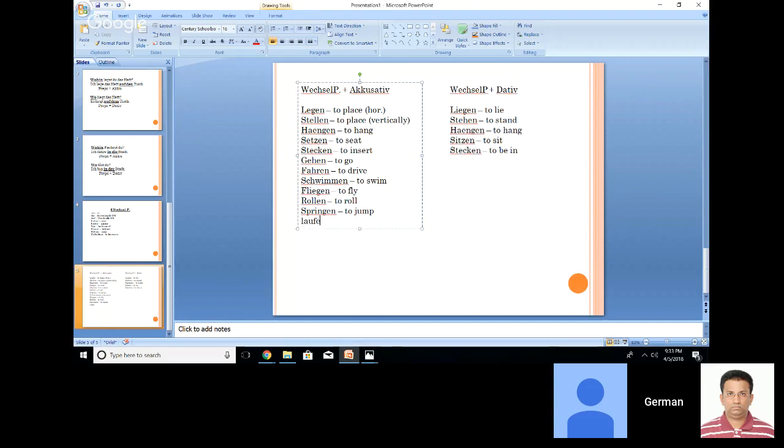Laufen, to run. Rennen also means to run. Steigen is to climb.